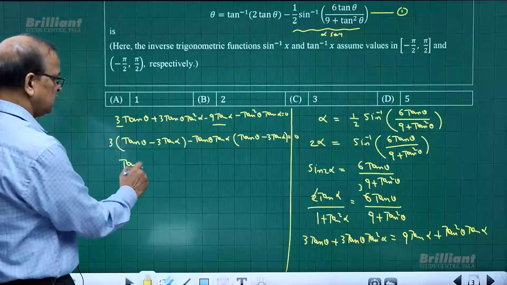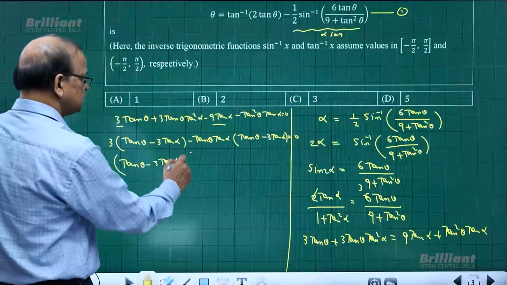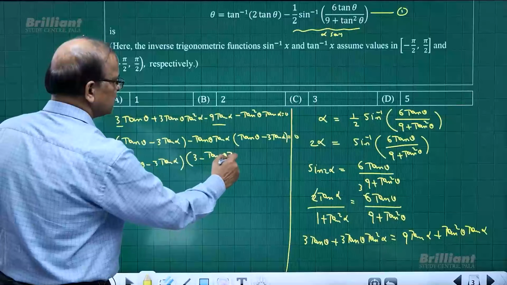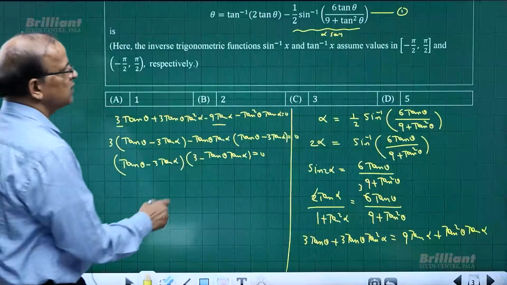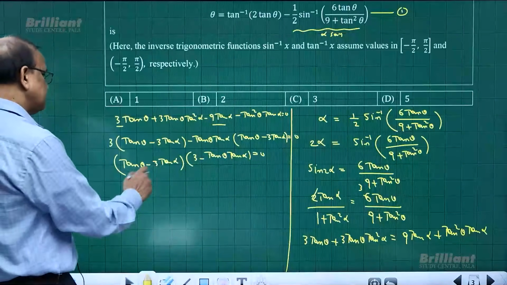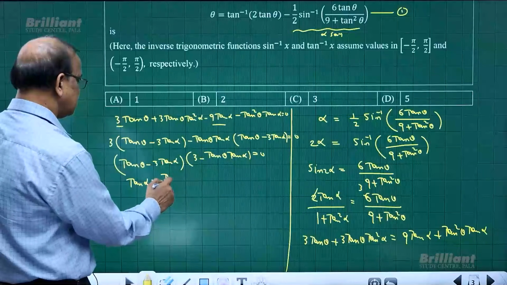So tan theta minus 3 tan alpha into 3 minus tan theta tan alpha is equal to 0. So we want values of theta, not alpha. Alpha we just introduced.